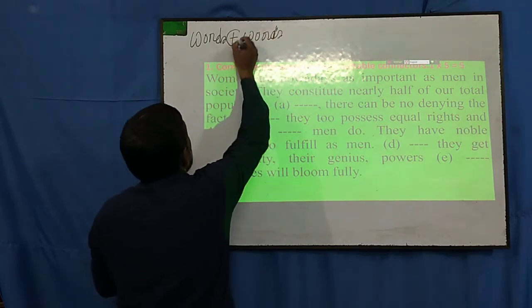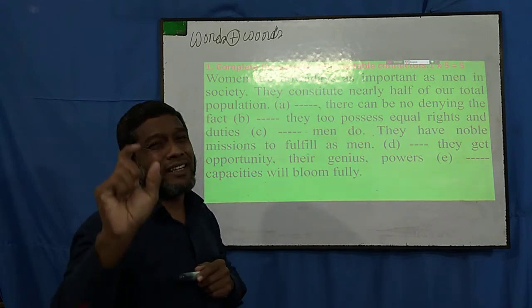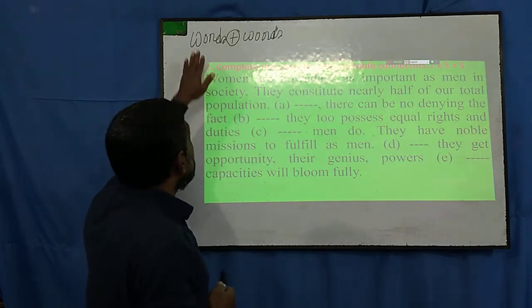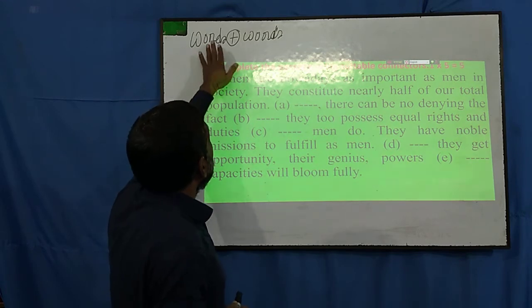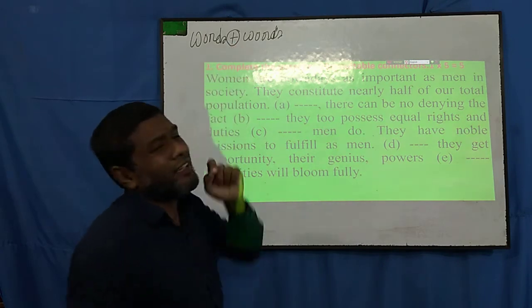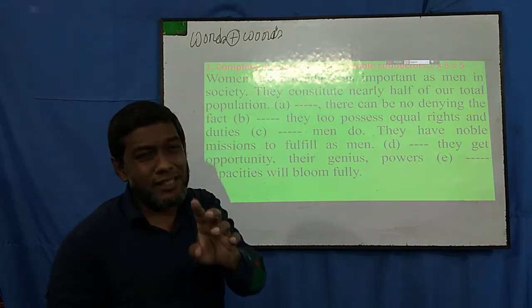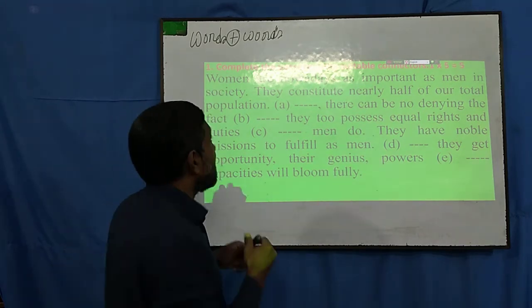Meaning, before these 2 words we may use a sentence connector. If we would like to connect 2 words together, I must use a sentence connector, linking word or conjunction between these 2 words. So this is number 1.